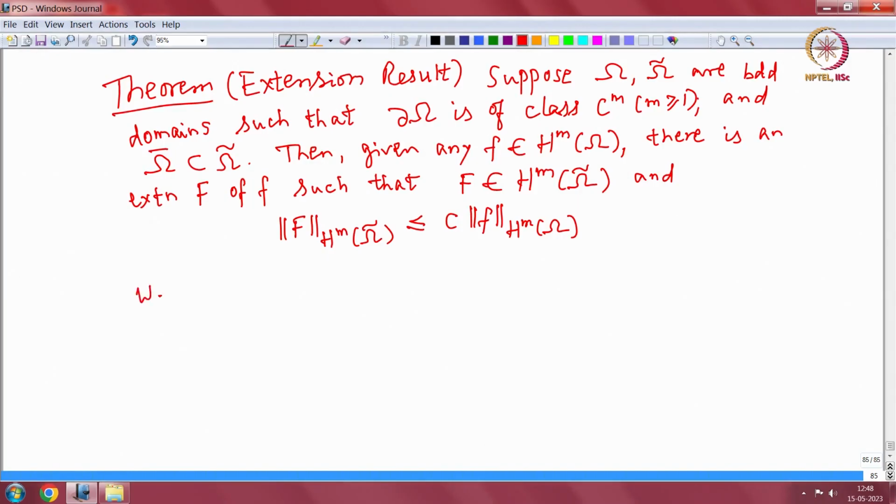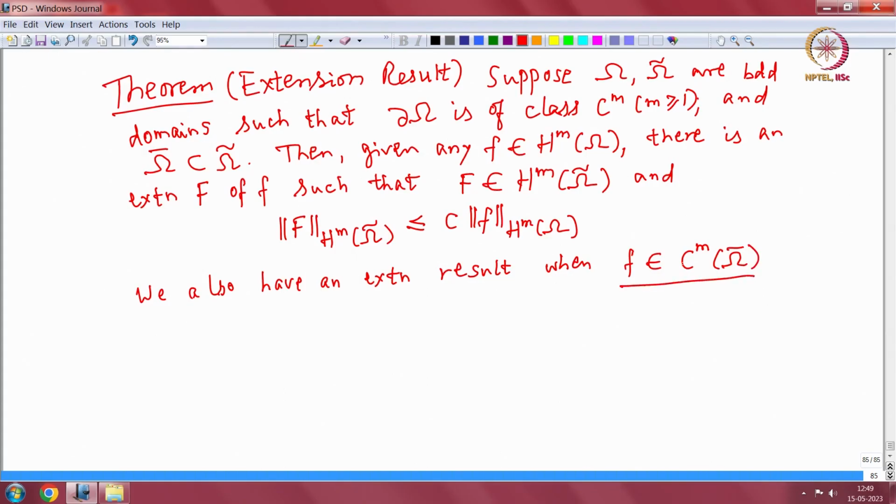Okay. So we also have an extension result when f is a smooth function. Given small f in this class, there is an extension big F which is in the class Cm of omega tilde bar.